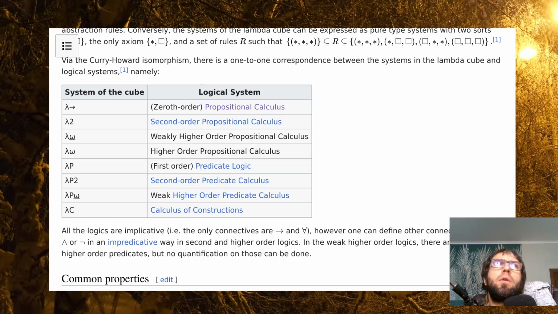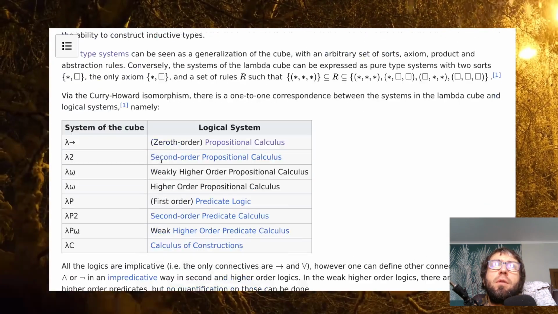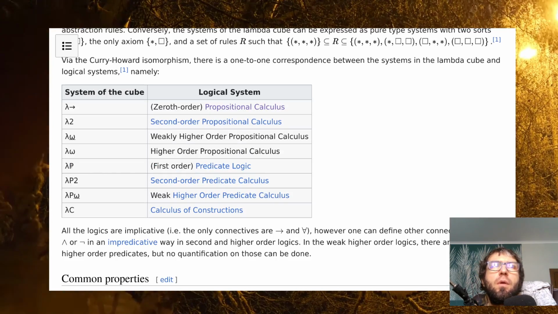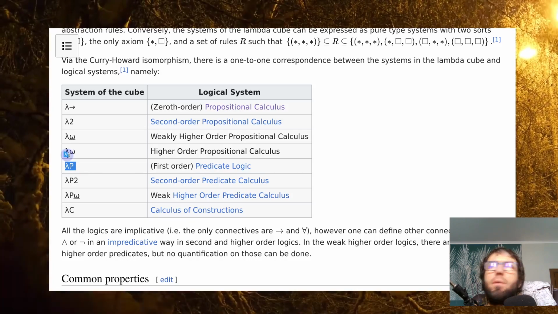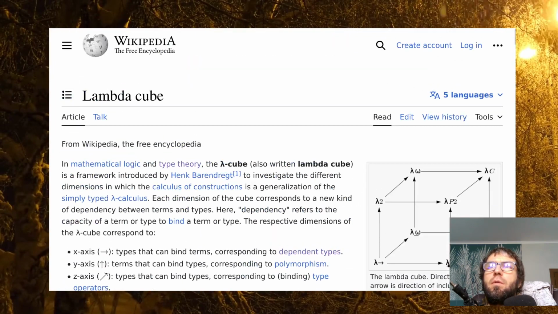Here you can see the 8 systems of the lambda cube in this first column and the corresponding logical systems. This correspondence is also known as the Curry-Howard isomorphism. For example, let's take the correspondence with first-order predicate logic, find this system in the lambda cube, and you can see that it can be found here.